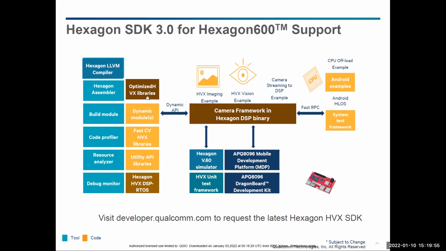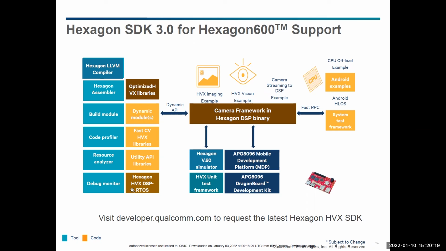There are optimized HVX libraries available in the SDK, which can be loaded dynamically or statically. There is the computer vision HVX library, which I already mentioned. There are some utility libraries which help with performance comparison, or simple things like printing your messages appropriately on the DSP.